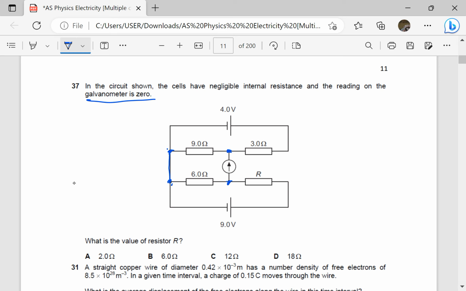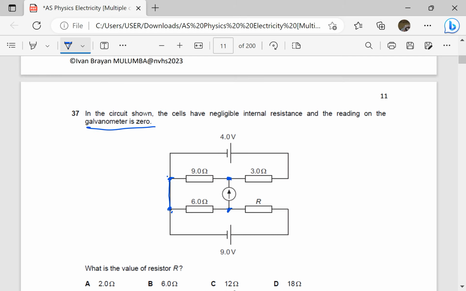PD across 6 ohms. Let's use the potential divider formula to get the PD across 9 ohms, because remember, the 4 volts must be divided among these. It is the same PD because these two are in series. So using the potential divider formula, the PD across 9 ohms is the resistance of 9 over the total resistance in that branch, which is 9 plus 3, times the voltage supply, which is 4.